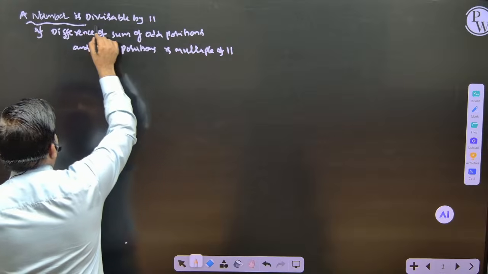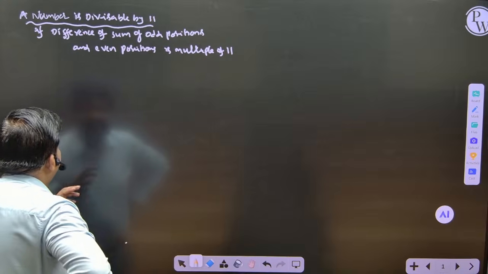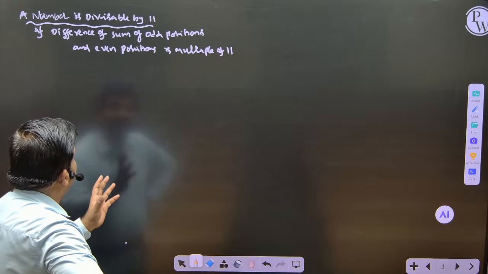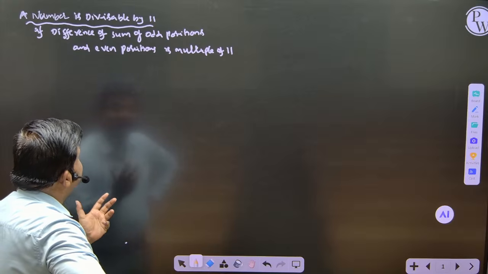A number is divisible by 11 if the difference of the sum of odd positions and even positions is a multiple of 11.